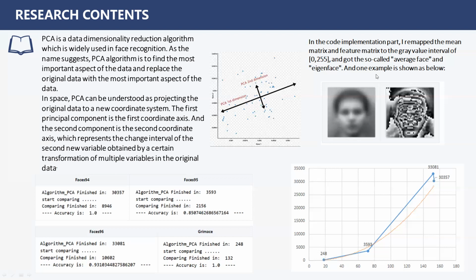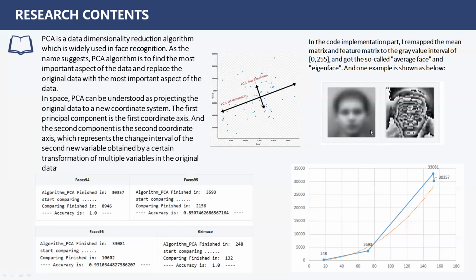Also, in the code part, I remapped the mean matrix and the feature matrix to the gray level interval of 0 to 255 and got the so-called average faces and eigenfaces, which will be used later. One example is shown here.